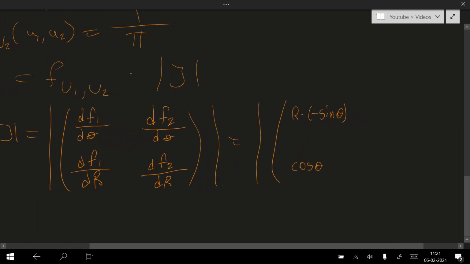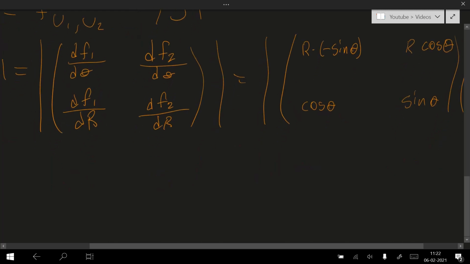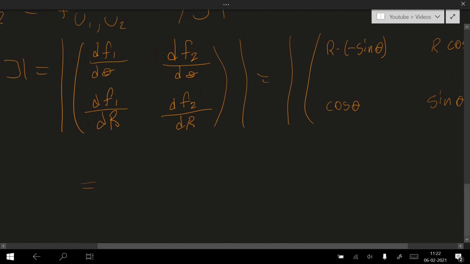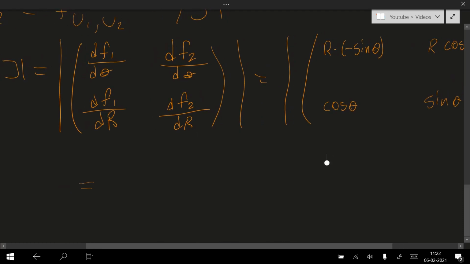Up here we have r times the derivative of sine theta, which is cosine theta. And down here we have sine theta. So we get that the determinant will be equal to minus sine theta squared.